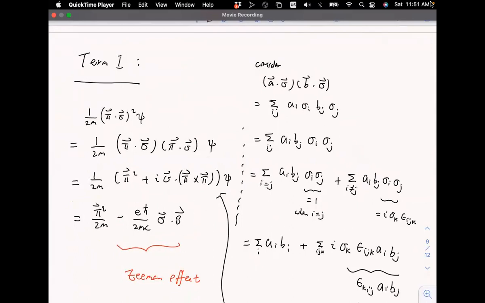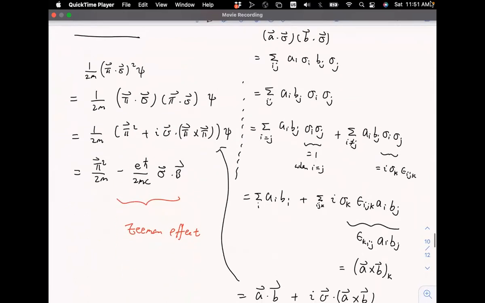You can see that this is the sigma dot B, that is the spin dot product with the magnetic field. So that is the spin Zeeman. So from there we can get the g-factor of the electron. We are almost done. We deal with the g-factor, then we're done.